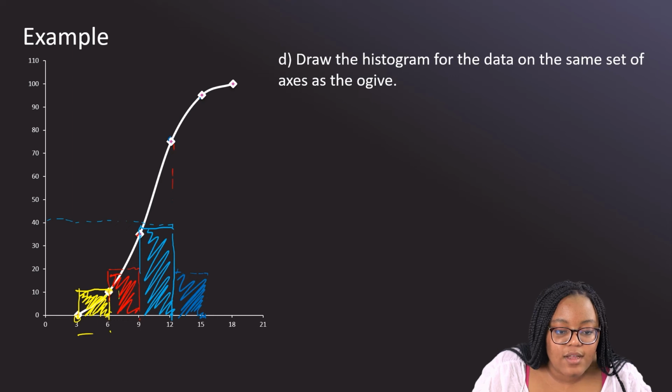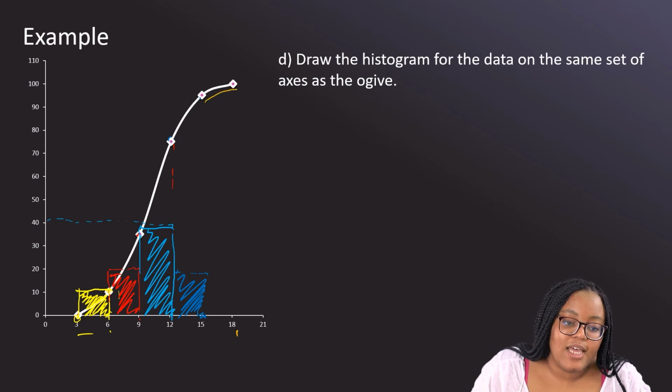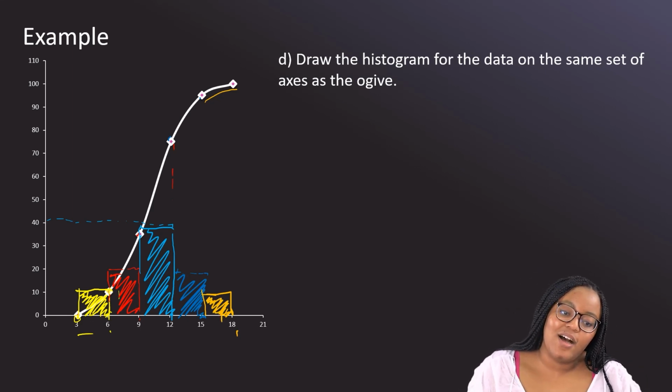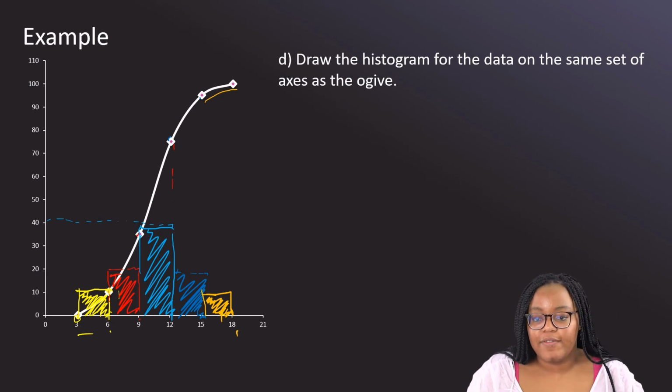And in our final class interval, between 15 and 18, we've changed by 10, between 90 and 100. Therefore, I will draw my bar up to 10 units. And that is how we will depict our data on a histogram by interpreting our ogive.